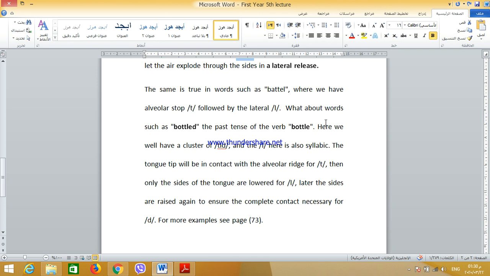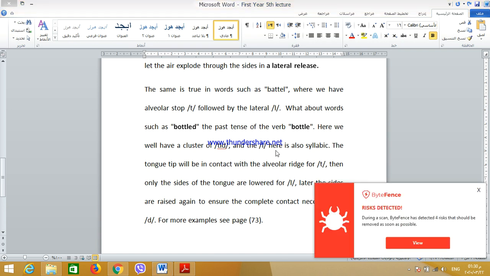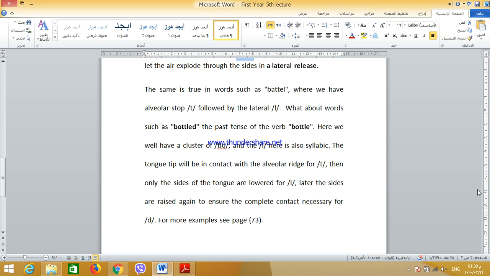But what if we have words like bottled? The word bottle as a verb is made in the past tense and it becomes bottled. In this case, we are going to have t, l, d, three consonants one after the other. And the l here is also syllabic.